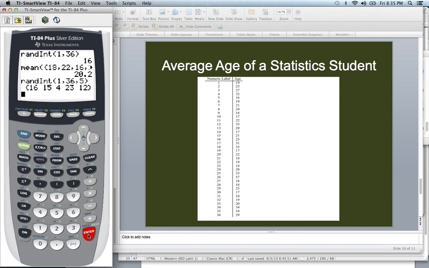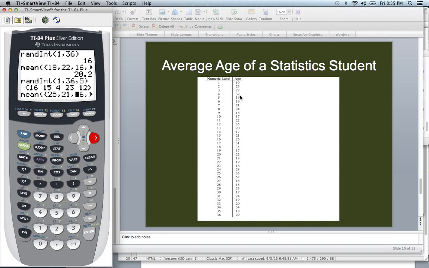Now I'm going to go second enter, and I bring back randInt, and I go second enter again, and it brings back the mean calculation for the sample. What I'm going to do now is replace these values with the new data values. I'll go to student 16, who's 25 years old, and modify that data value. Student 15 is 21, so I'll change that age.